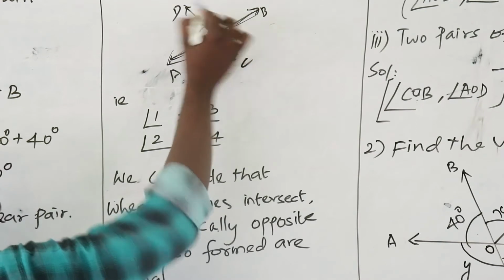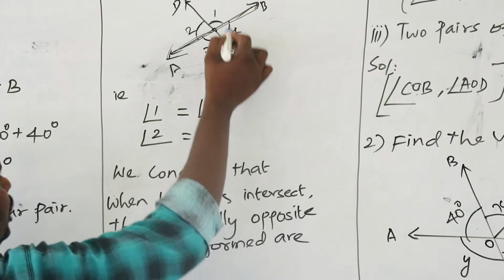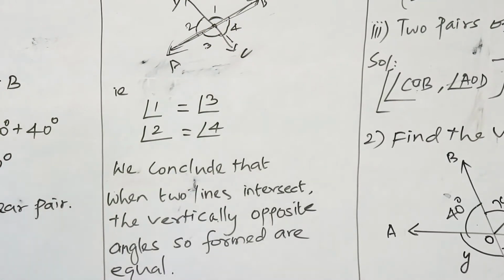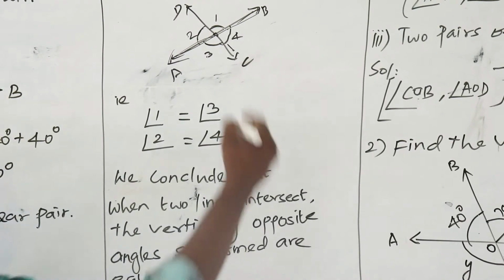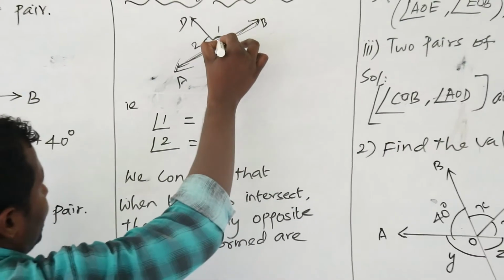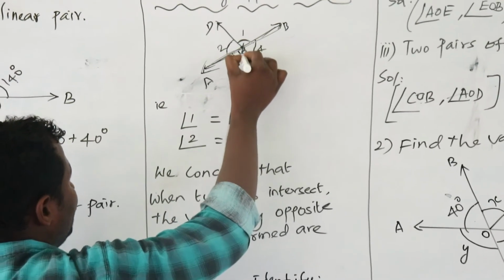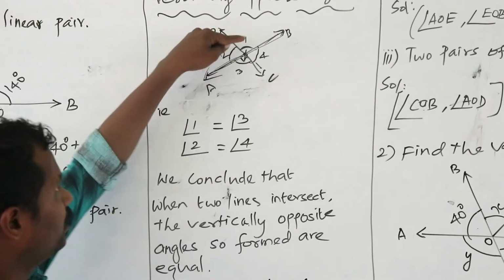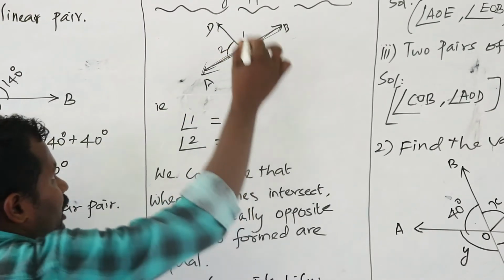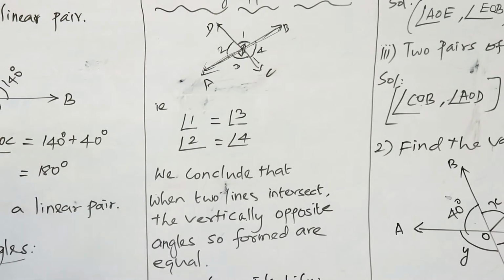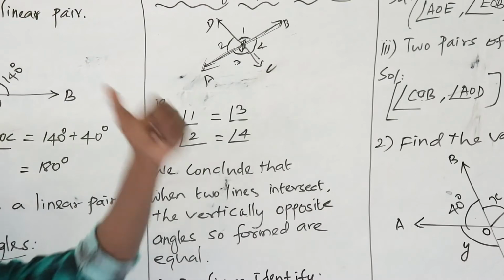Here is angle 1, angle 2, angle 3, angle 4. What are vertically opposite angles? The opposite angle of 1 is angle 3. Angles 1 and 3 are vertically opposite angles, and these two angles are equal.